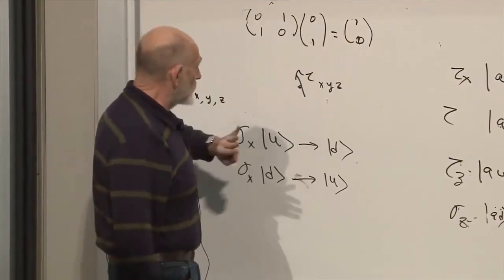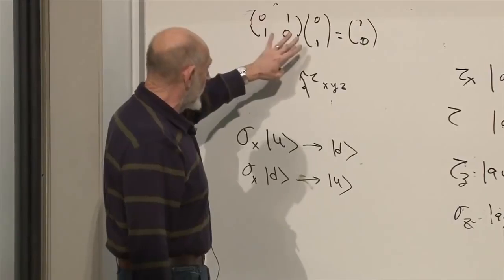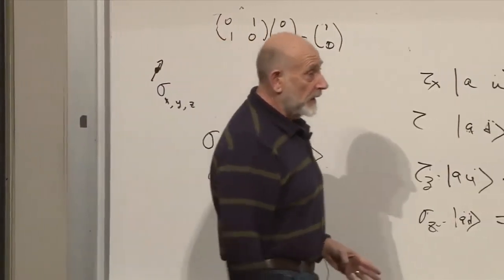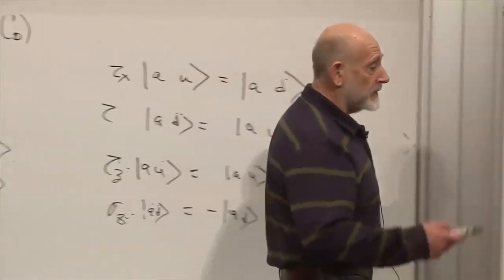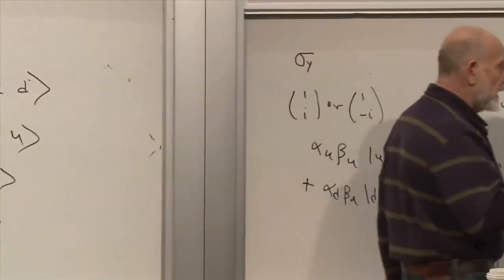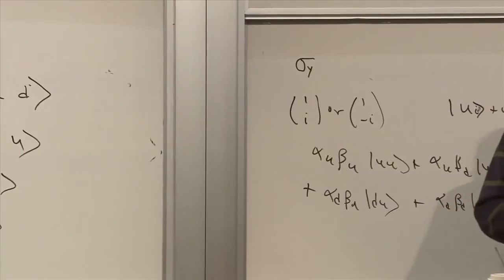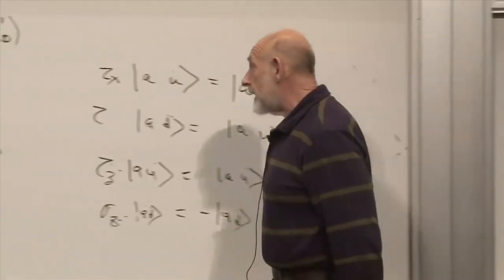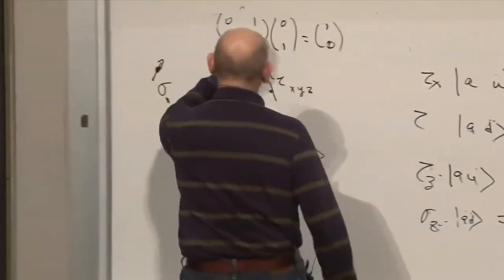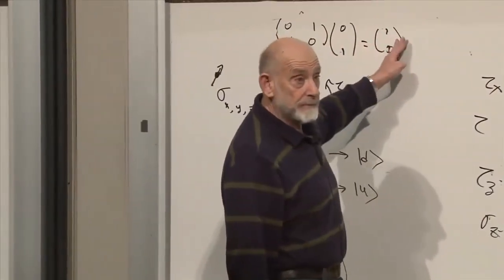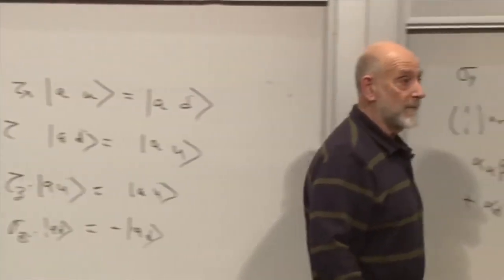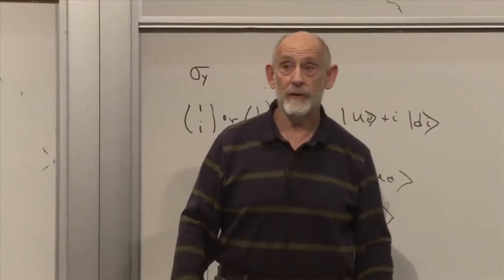An eigenvector is a vector which is kept in the same direction by the action of the operator. This is as far as you can get from that: the operator acts and gives you something orthogonal. All right, you'll have to work that out.